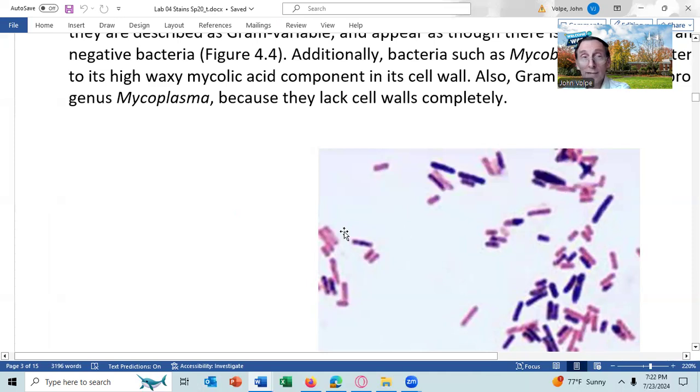This is a mycobacteria, but it's probably old cells, and old cells do not stain correctly with the gram stain, particularly among the mycobacteria, which should be staining gram positively.